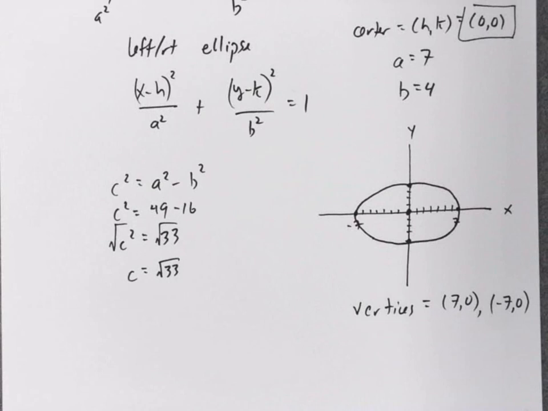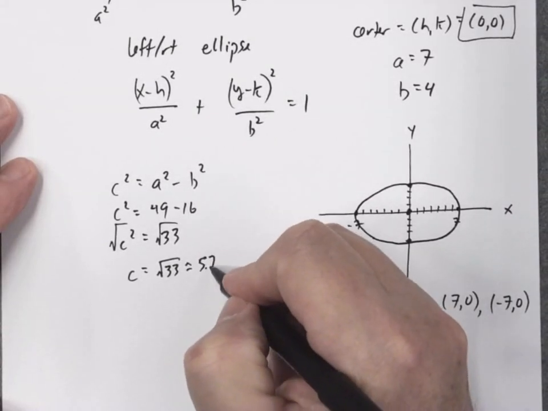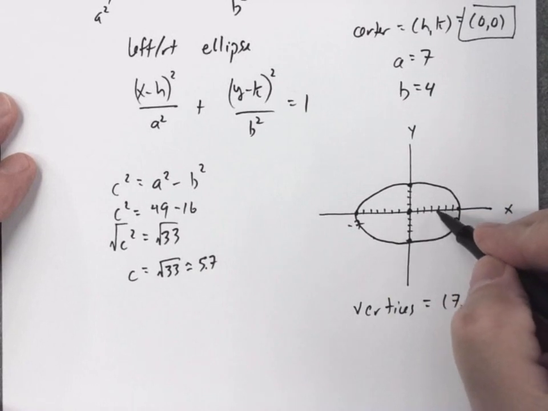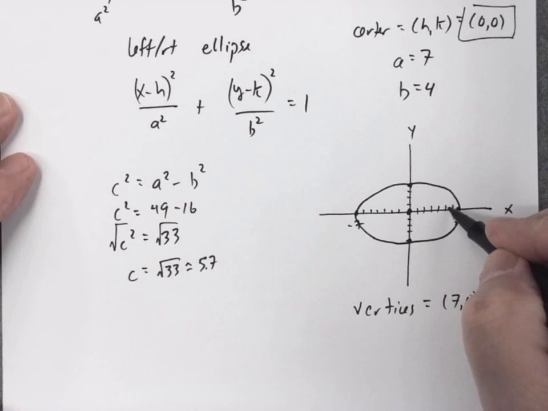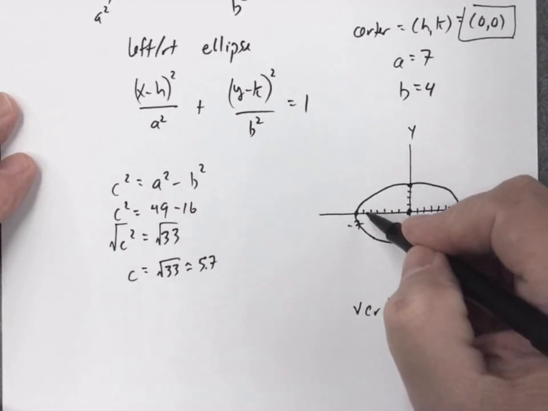So we're not required to graph the foci, but just to do it, let me see what the square root of 33 equals. It's got to be a little larger than 5, 5.7. So if you graph the foci here, you would move 5.7 to the right. 1, 2, 3, 4, 5. So maybe there's a focus and the same distance to the left.